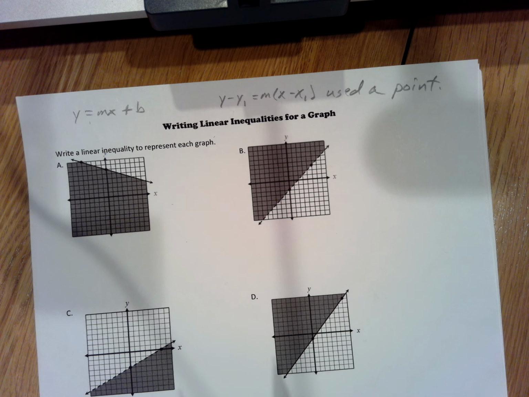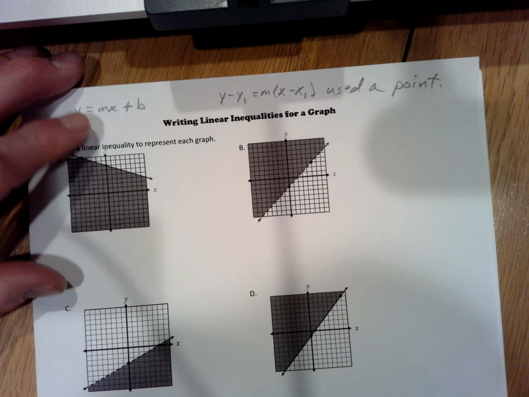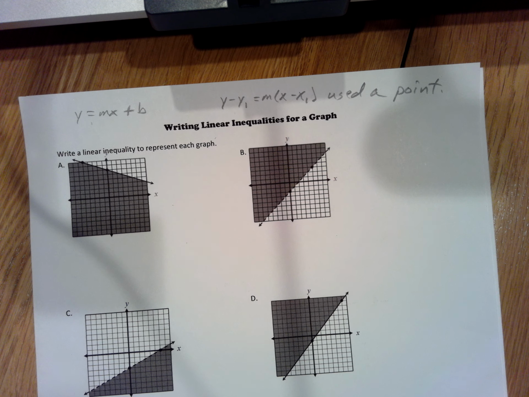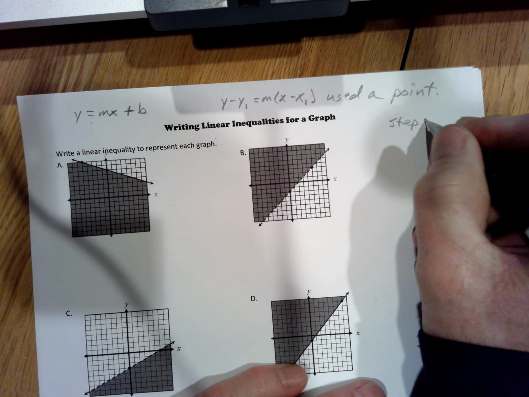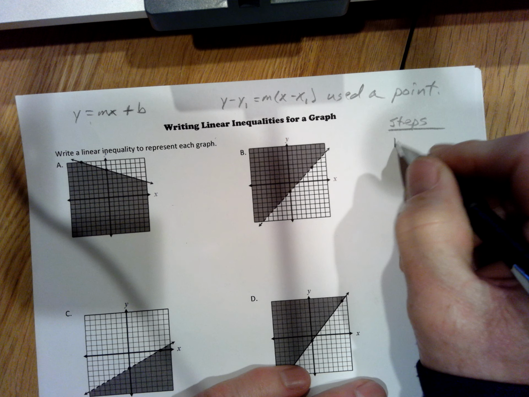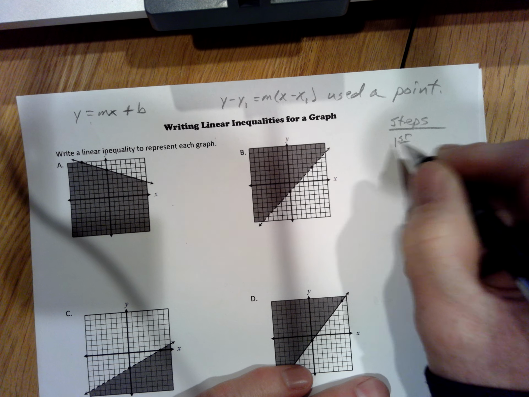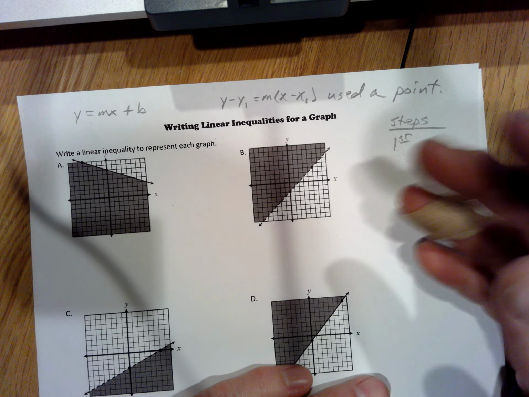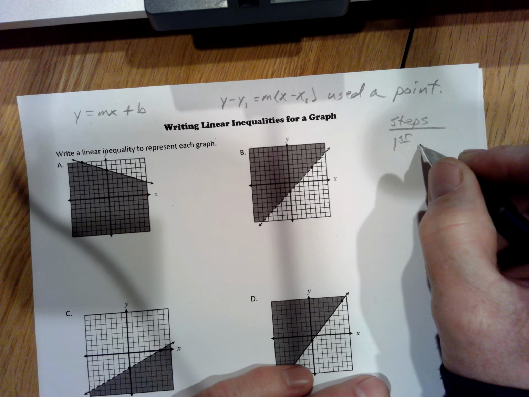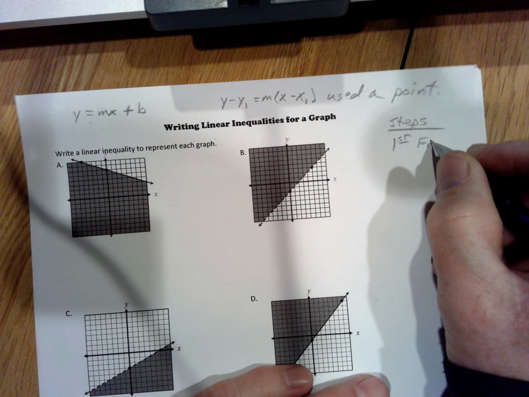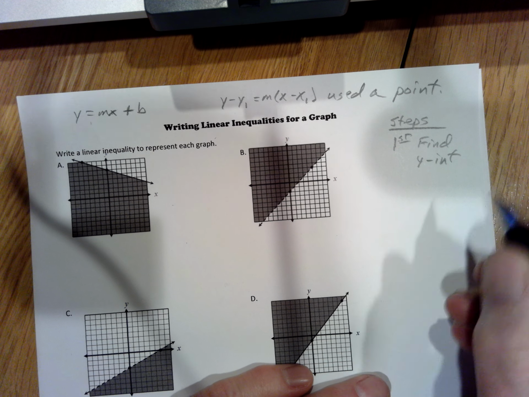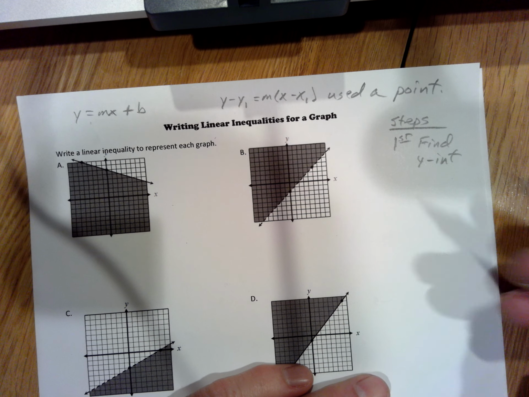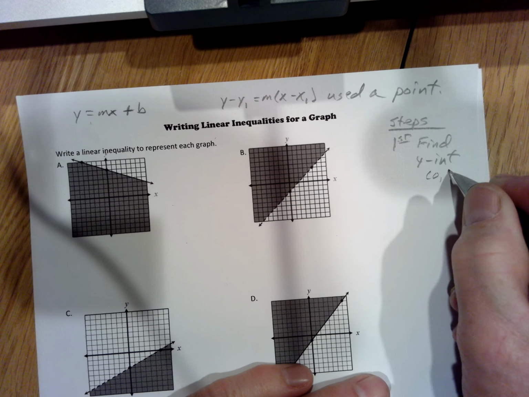Okay, so here's what we are going to do. We are going to have steps, okay? The steps that we are going to use: first, find the y-intercept. It's the first thing I want to do. Identify the y-intercept, (0, b).